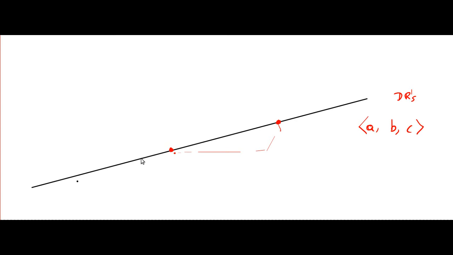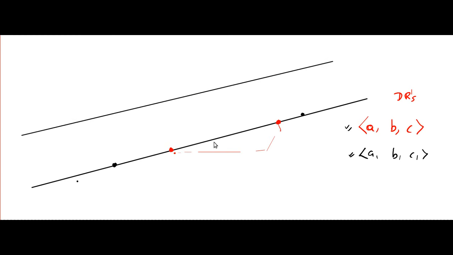Now, if you consider any 2 other points, you might get other answers like A1, B1, C1. But remember, our first answer and the second answer will be multiples, proportional. Even if you consider a line parallel to this and do the same thing, our answers will be proportional.